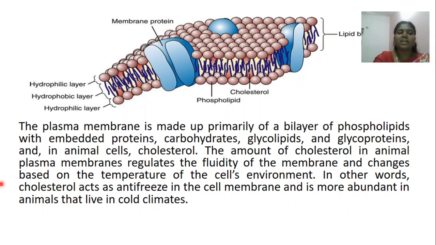In other words, cholesterol acts as an antifreeze in the cell membrane and is more abundant in animals that live in cold climates. See, this is the hydrophobic layer. This is the hydrophilic layer. The hydrophilic layer is mainly because of this phosphate group, which is attached to the glycerol backbone, and these are the two fatty acids, and these are phospholipids. This is a membrane protein, and this is the structure of the bilayer.